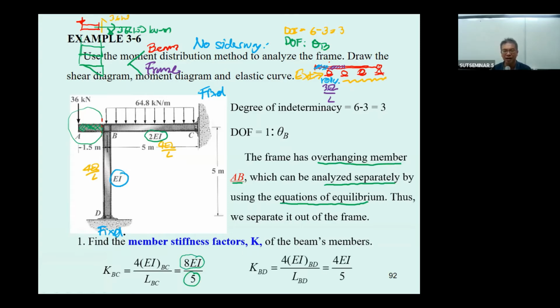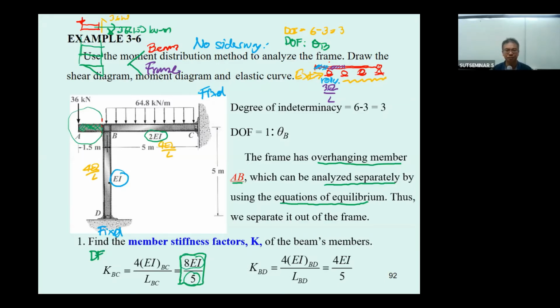And you can see this time, this beam is stiffer than the column, and this portion is going to have a higher distribution factor compared to the BD.